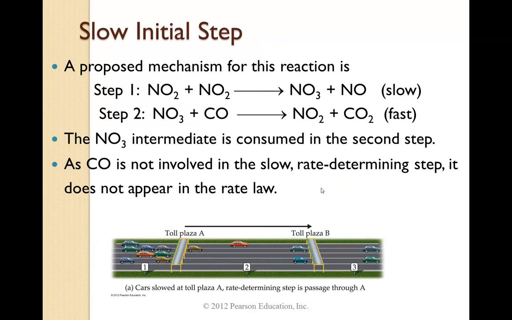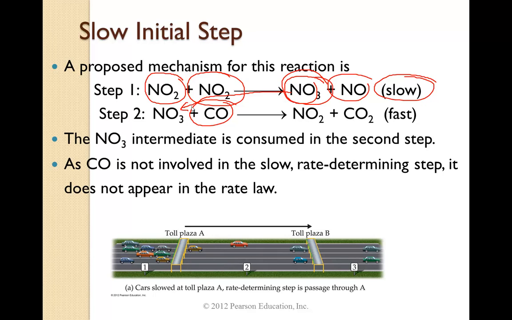A proposed mechanism for this reaction is NO2 and NO2 colliding with each other to produce NO3 and NO. Then NO3 comes around and reacts with the CO. Because CO is not in the slow part of the reaction, it's not considered part of the rate determining step. The NO3 intermediate is consumed in the second step.